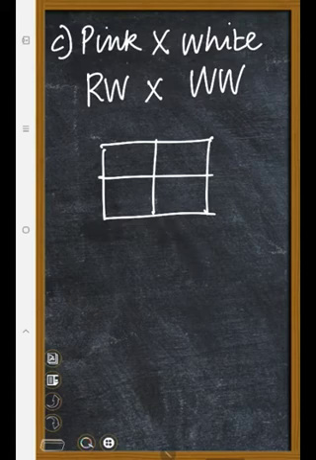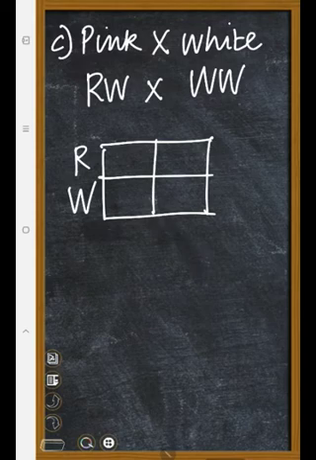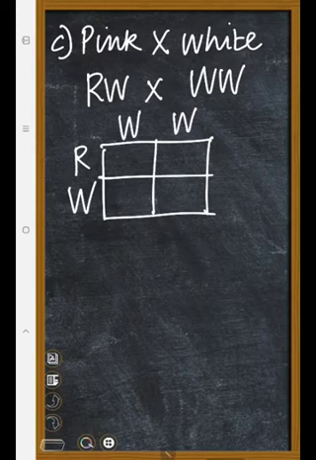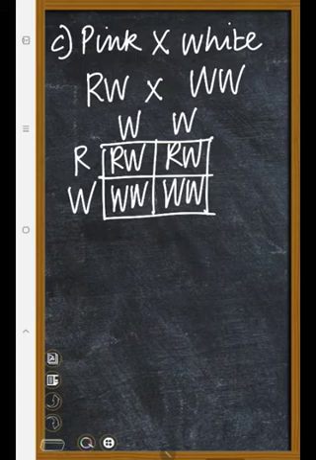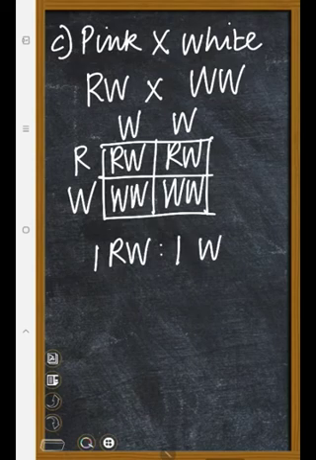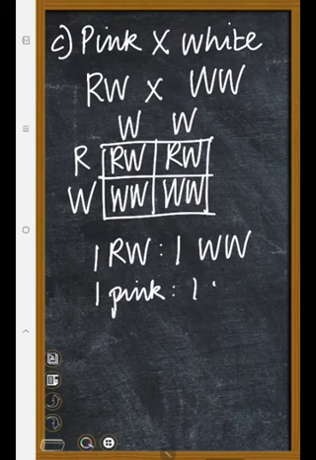With this parent here, we put on the left the alleles inside the gametes: we have gametes with R, and then gametes with W. Now, this one here is homozygous, so all its gametes would contain W. So to that cross, we find that in terms of the genotypes, we have a 1:1 ratio. That is 1 RW for every 1 WW. That's our genotypic ratio. And then our phenotypic ratio would be 1 pink is to 1 white.